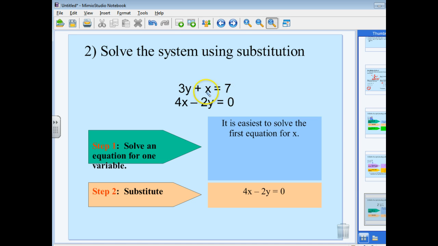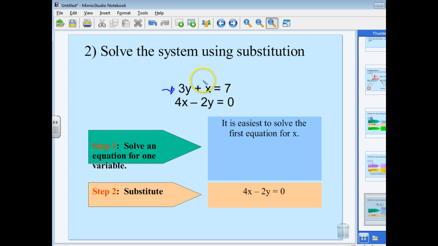This one here, as we can see, we do not have a variable isolated by itself. So the first thing you want to do for step 1 is to solve for one of the variables. So we have to use one of the equations. Looking at which one to isolate something by itself, it will be easier for me to use this equation.